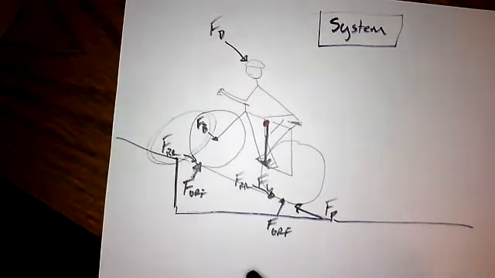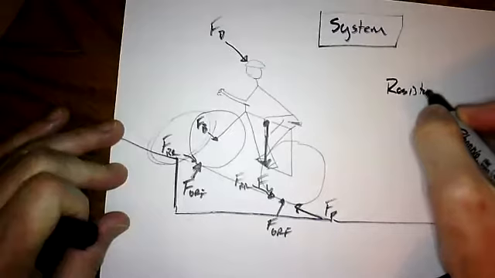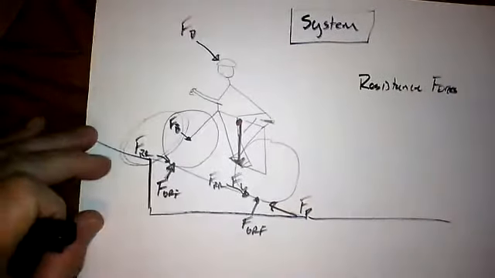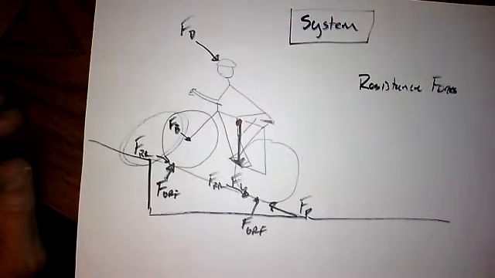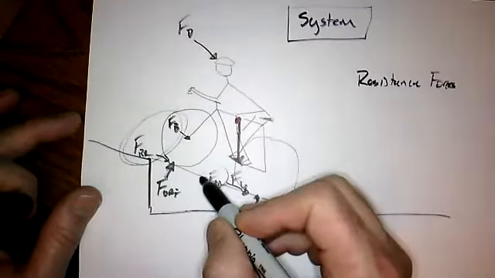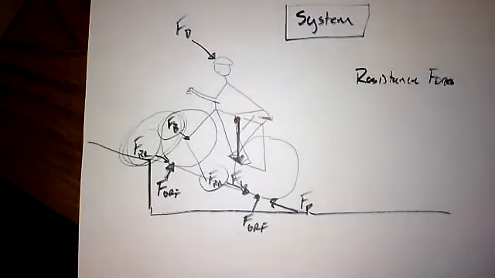But collectively, what I often do is I just identify all the resistance forces that I need to account for in my equation of motion. And then I also do propulsion forces and go from there. And so sometimes we'll combine all three of these into one resistance force.